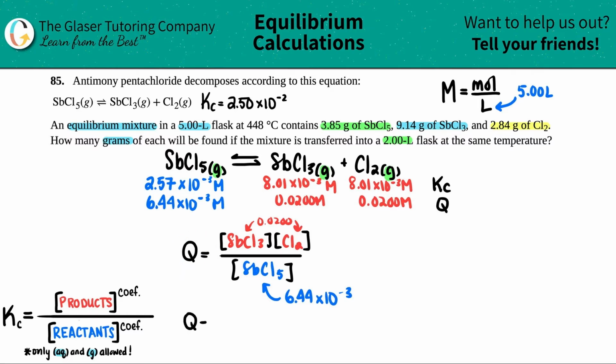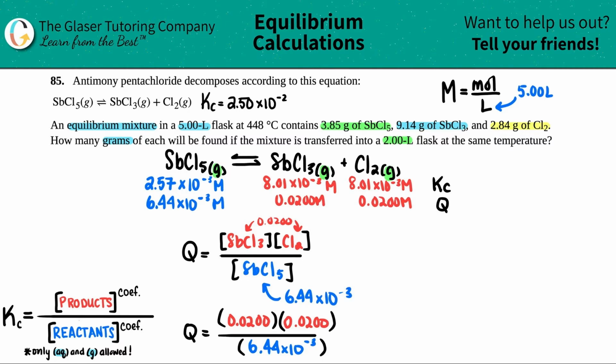Actually, I'll put it down here. Q equals. So I have 0.0200 times 0.0200, close that up, divided by the 6.44 times 10 to the negative third.